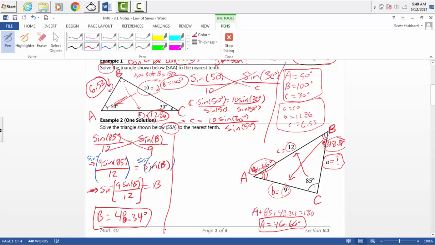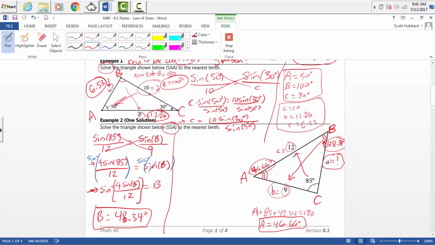To do that, I'm going to go ahead and find that side. But before I find that side, let me tell you why there's only going to be one solution here. It all comes down to adding up all the angles. You take your answer from this one, which was 48.34, and take it away from 180.